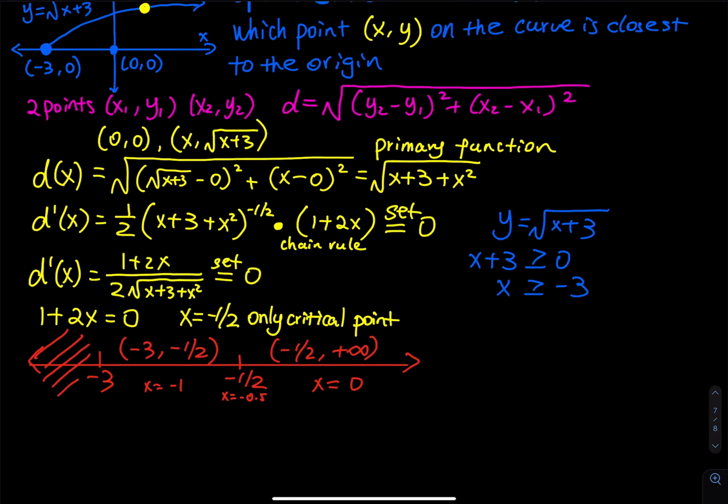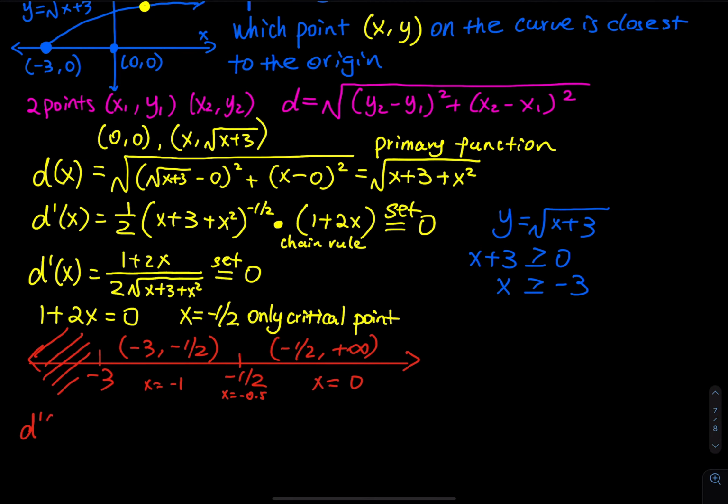And then you do the plug-in, so you have d prime of -1, so you just plug it into the function. So you have 1 plus 2 times -1. And then the denominator, I don't care what it is, the denominator is guaranteed positive: 2 times -1 plus 3, and then plus 1. That is guaranteed positive. The top is 1 minus 2, so that is negative.